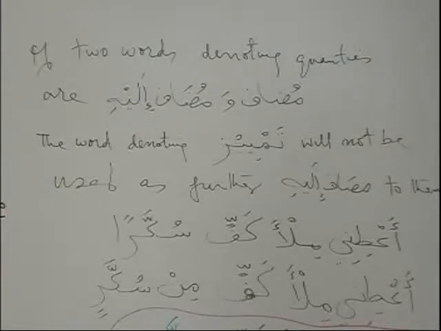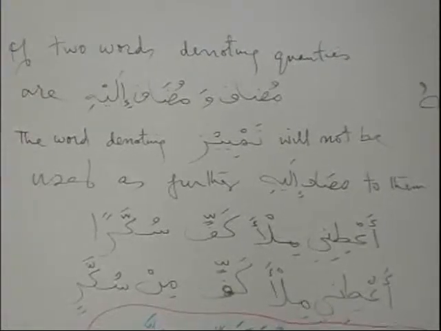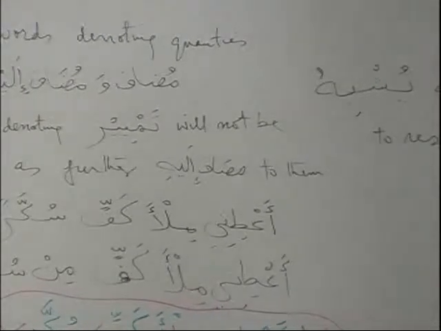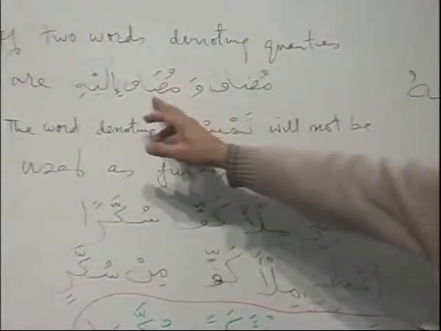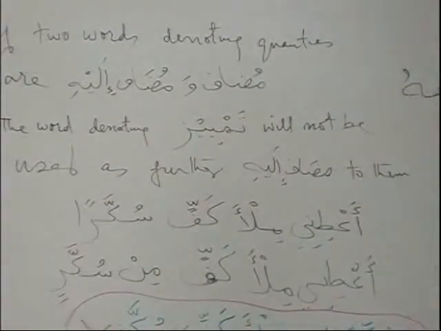It is best explained with the example. If two words denoting quantities are mudaf, mudaf ilayhi, the words denoting tamyiz will not be used as further mudaf ilayhi. Okay, see, mudaf, mudaf ilayhi, you can make mudaf ilayhi again mudaf, and the tamyiz mudaf ilayhi. You can't do that.